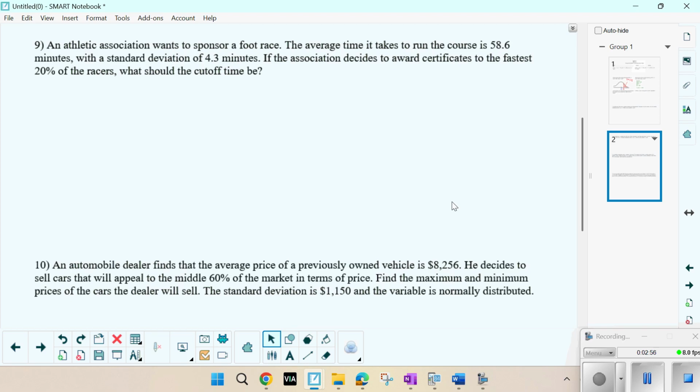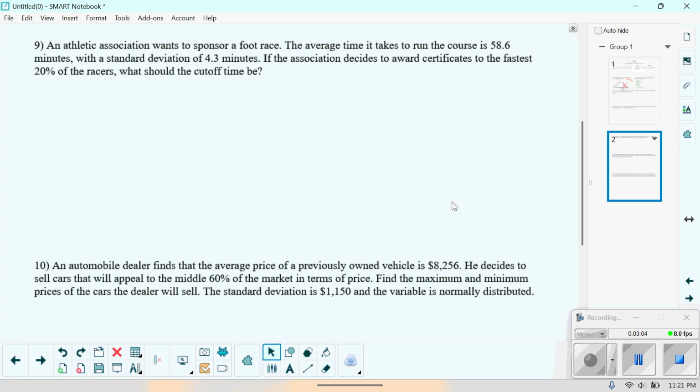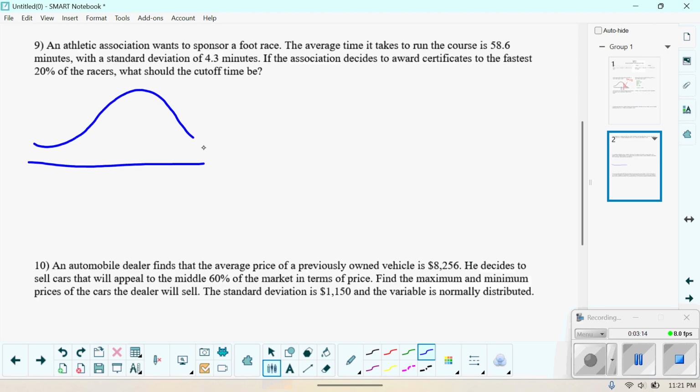Now, the most common mistake that we see with these problems is that we're thinking of time, and when you're running or swimming or competing, you want the fastest time. So when I draw out my visual aid here, you've got to think of our number. So here is 58.6.